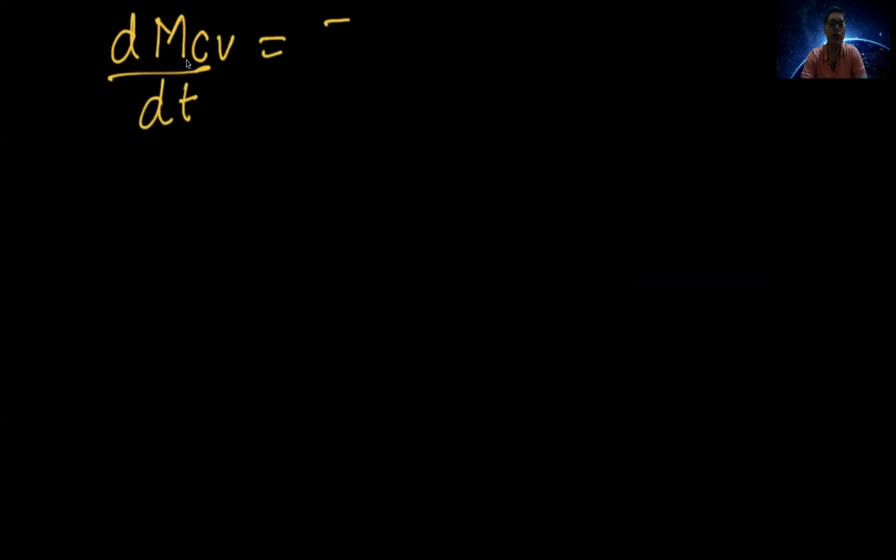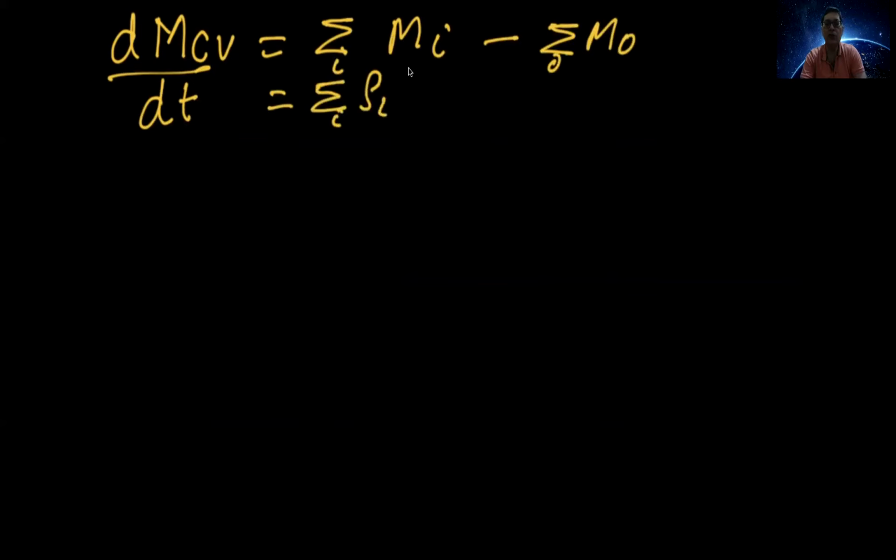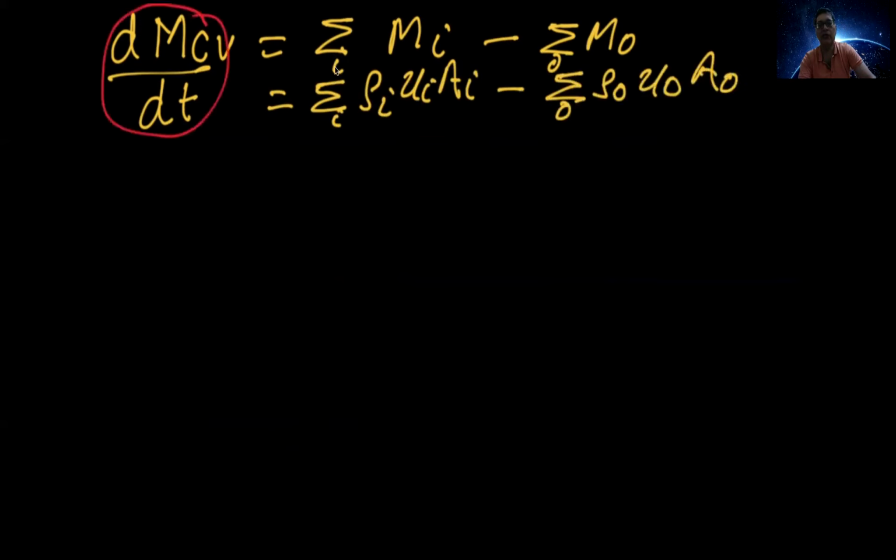So dm control volume by dt is equal to the summation over, if you have multiple inlets and outlets, let us suppose i equals 1, 2, and so on. I am showing a general expression where these correspond to the inlets, the mass flow rate for the inlets, which consists of the density of the liquid entering at the inlet, and these correspond to the outlets. If you have a steady flow, then this term is equal to 0.